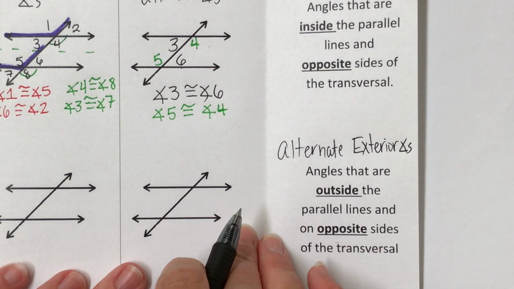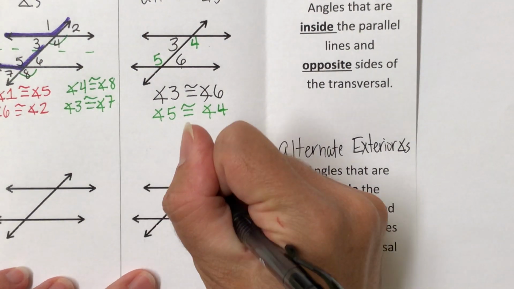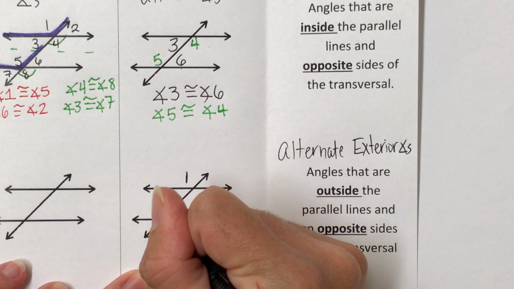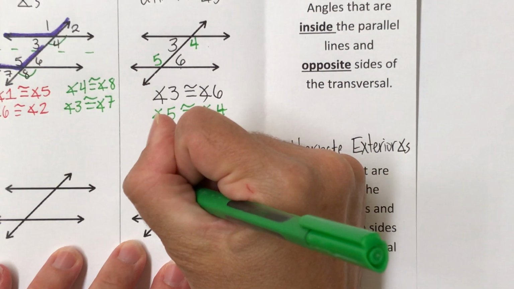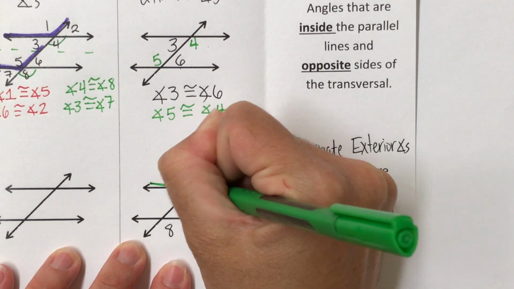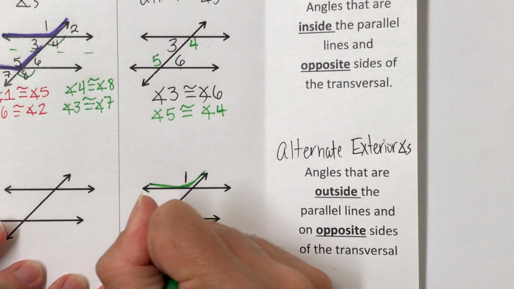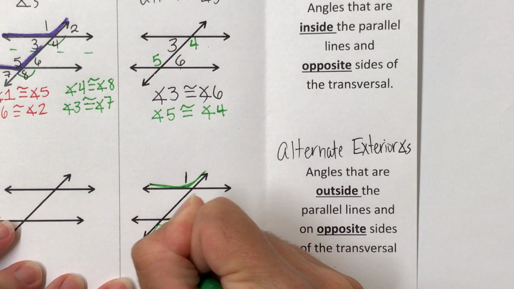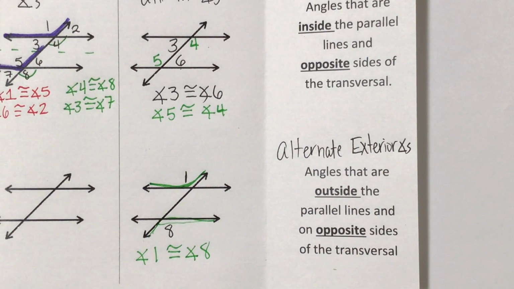Okay, so in this picture here, my set of alternate exterior angles would be angle 1 and angle 8. Angle 1 and angle 8 are alternate exterior angles. They are outside and opposite sides. And again, notice how they're congruent to each other. So angle 1 is congruent to angle 8, alternate exterior angles.